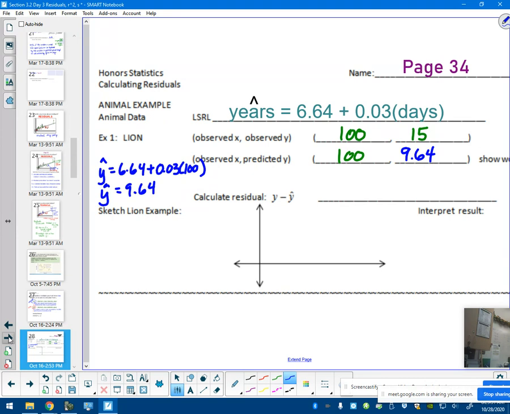Okay, so now we're going to calculate the residual. The residual is all about the y. So what is y? Is it the 100, the 15, or the 9.64? What's y? It's the observed, correct? So the residual is going to be 15 minus 9.64, which is 4 point what?